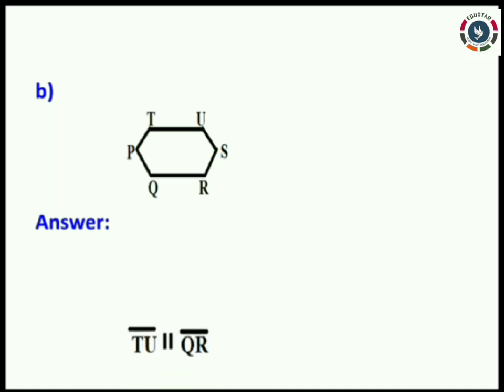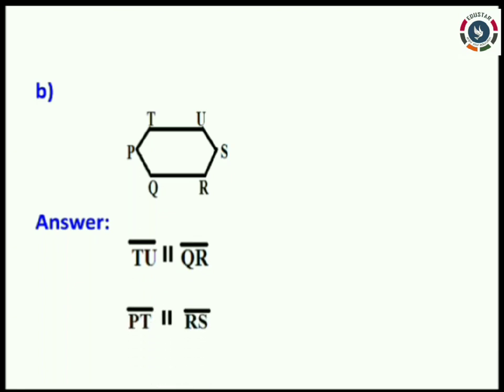First, TU is parallel to QR and next one, PT line segment is parallel to RS line segment. Next, PQ is parallel to US line segment. For denoting parallel line, you should draw two vertical lines.